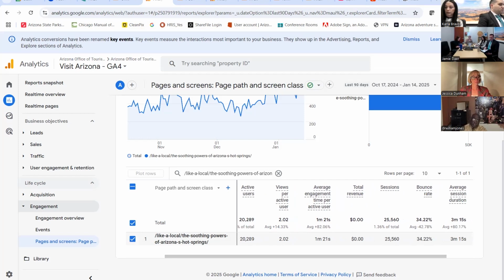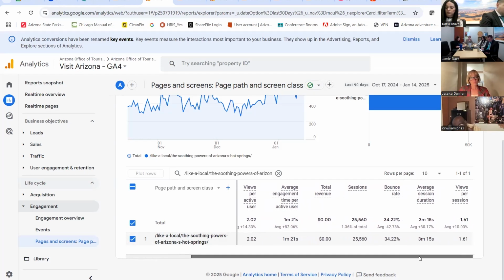It could take you a minute to read, it could take you 2 minutes to read. But the average person will stay on a site reading something for 52 seconds. So what we're noticing here is that these people are staying here for 1 minute and 21 seconds. And then they are moving on and they're looking at other things.